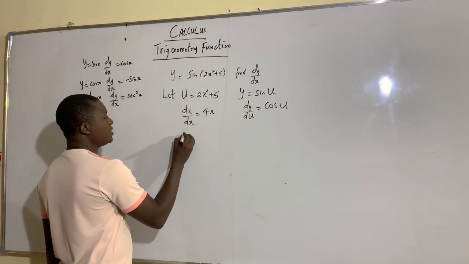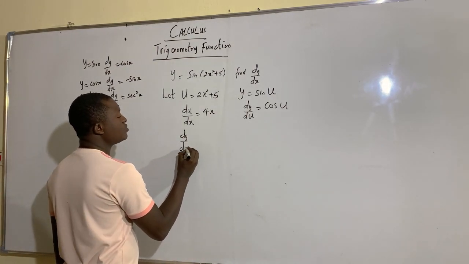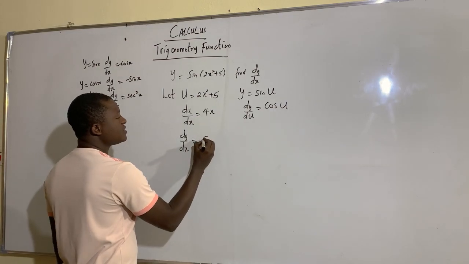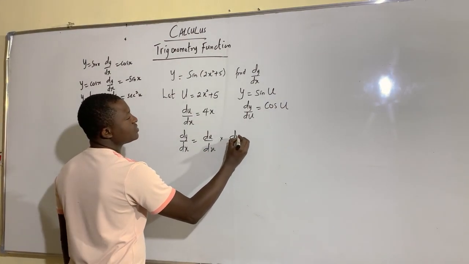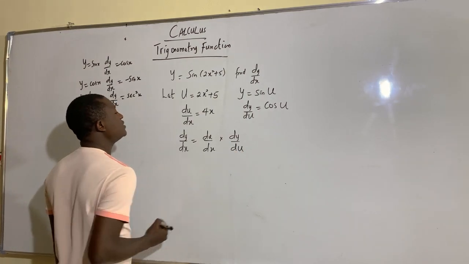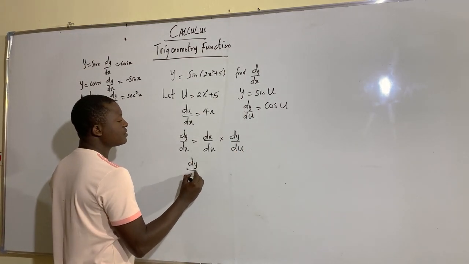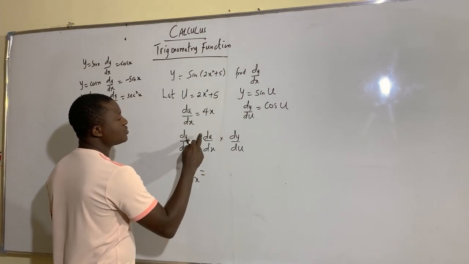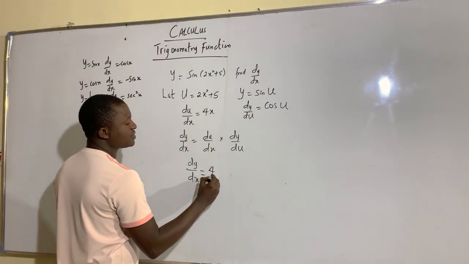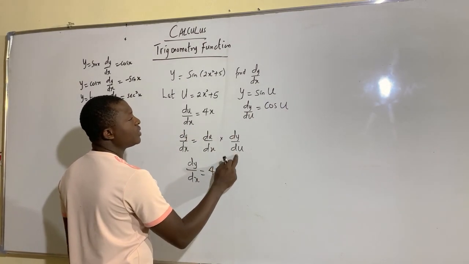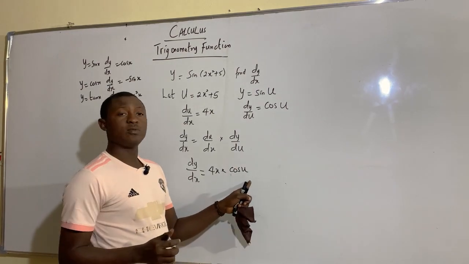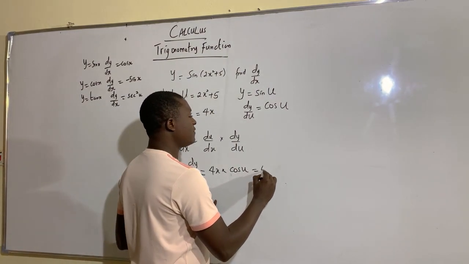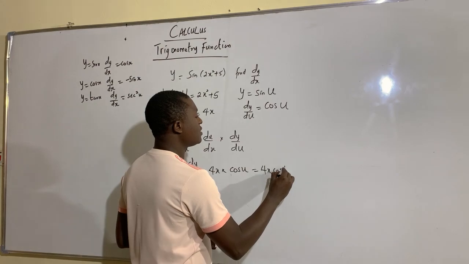Therefore, dy dx will be du dx multiplied by dy over du. So here we have dy dx is equal to du dx, which is 4x, multiplied by dy du, which is cos u. So now 4x multiplied by cos u, and we have 4x cos u.